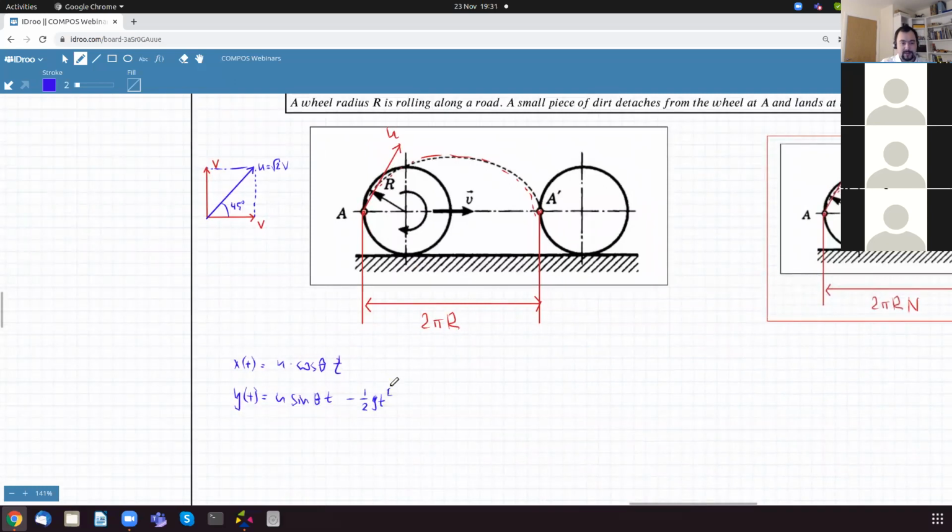So equations that are already familiar to you, we need to assume that the origin of coordinates, the origin of the frame of reference is here. So this is the x-axis, and this is the y-axis. So the initial position and the final vertical position is 0. So this is the origin, and it's going like this.